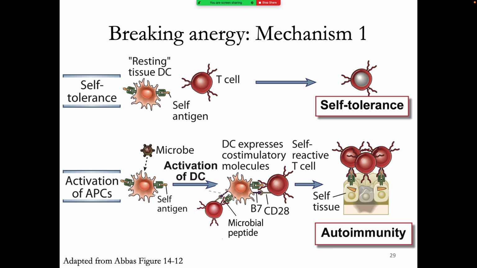But now we can imagine a situation where we have infection. In a situation where we have infection, we now have PRR ligands that will activate our dendritic cell so that our dendritic cell will start to make B7. And so you can see the B7 in purple here being made by our activated dendritic cell.